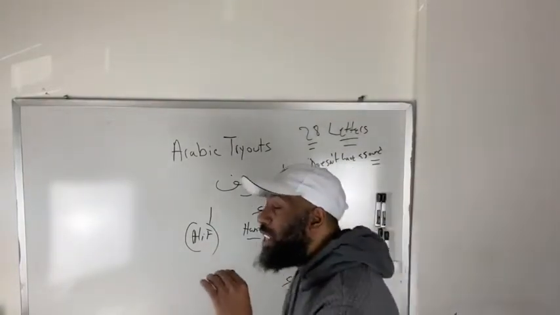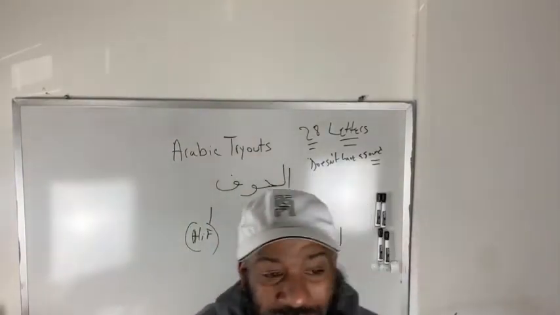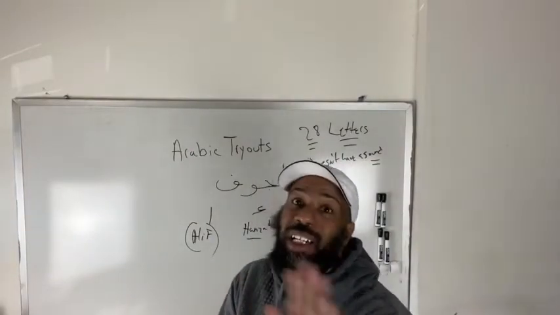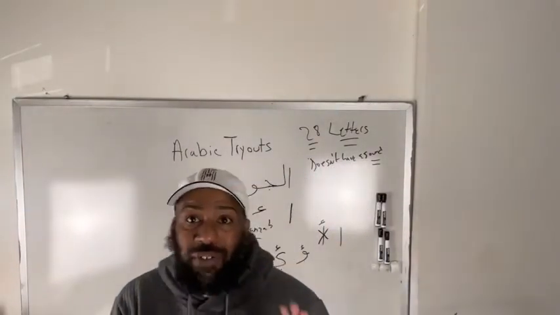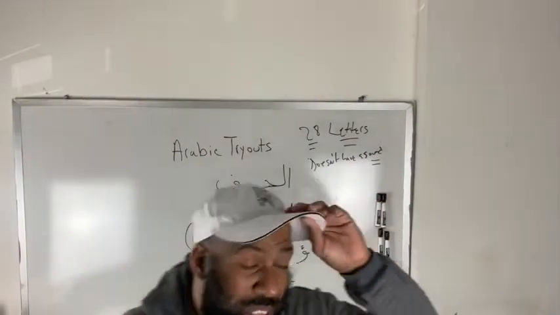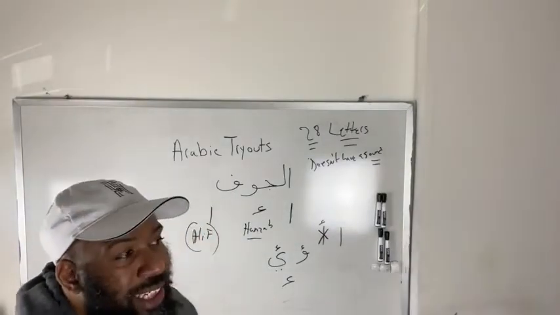There are rules you need to know with Aleph, okay, that you're going to learn. The basic rule you need to know is that Aleph does not come at the beginning of a word. Aleph does not have a beginning form. That's something we're going to talk about. There are different forms to each letter.